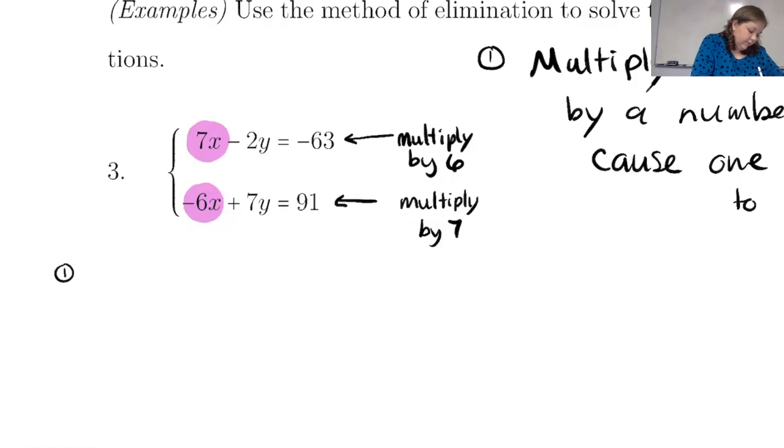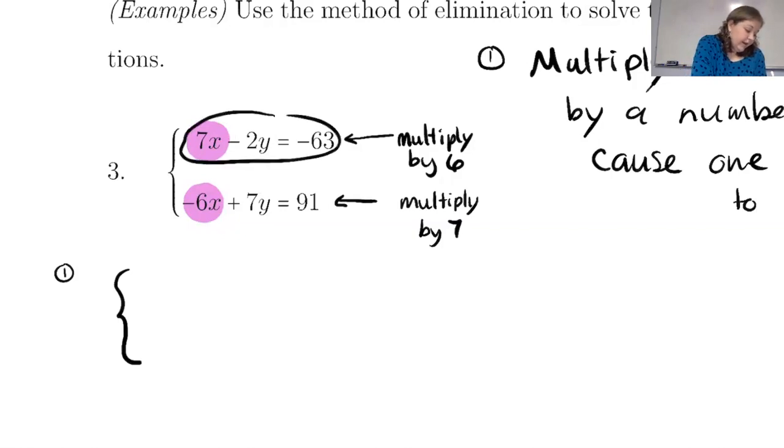So for number 1, I'm first going to multiply both of those, just like I said. So this first equation multiplied by 6, I'm multiplying every single term by 6. So with the first one, 7x times 6 becomes 42x. Negative 2y times 6 is negative 12y.